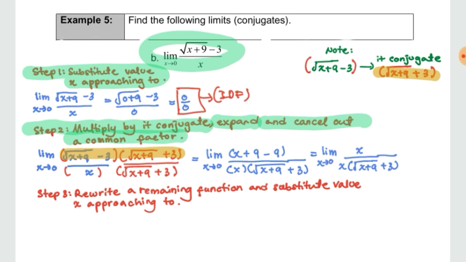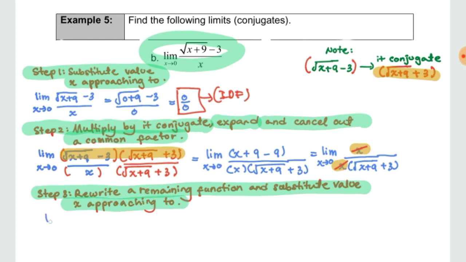By the way, after simplifying here, we can see we have a common factor x. Okay, we must cancel out the common factor from the function. And then we get the remaining function, and then we can substitute x approaching 0.